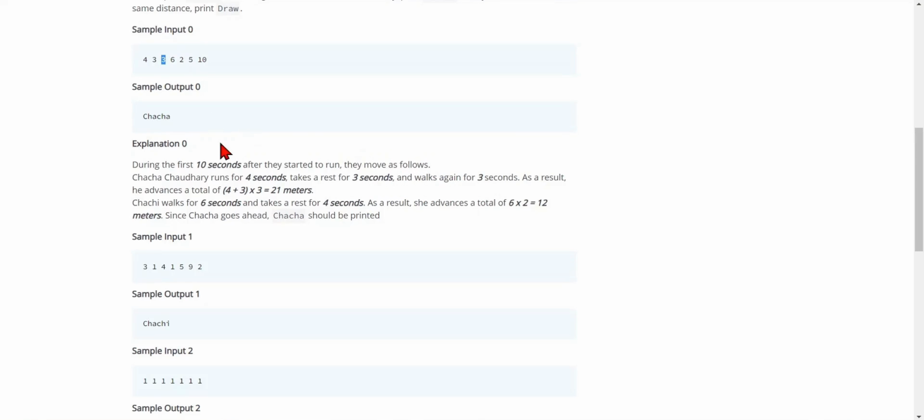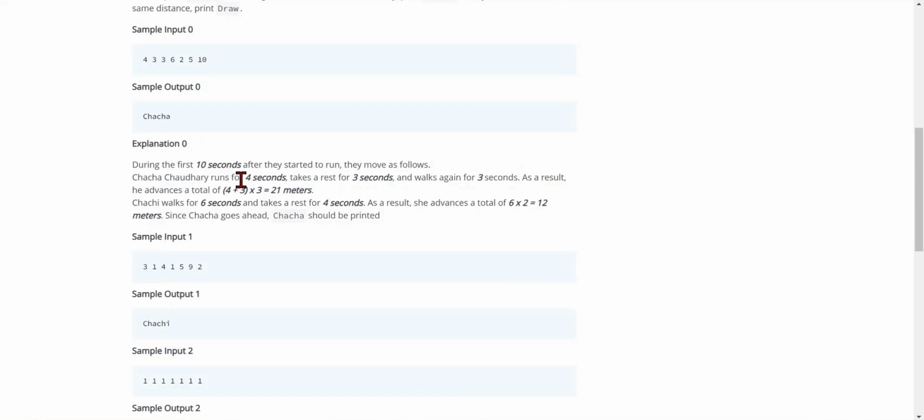According to the given question, after taking a 3 second rest, Chacha will run again for 4 seconds. But as we are concerned with time equal to 10 seconds, we will only consider the remaining time, that is only 3 seconds. So Chacha runs for 4 seconds with a speed of 3 meters per second, then takes a rest of 3 seconds, and then again runs for 3 seconds.